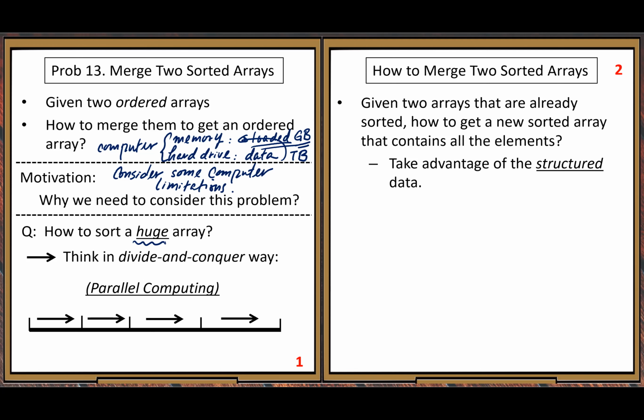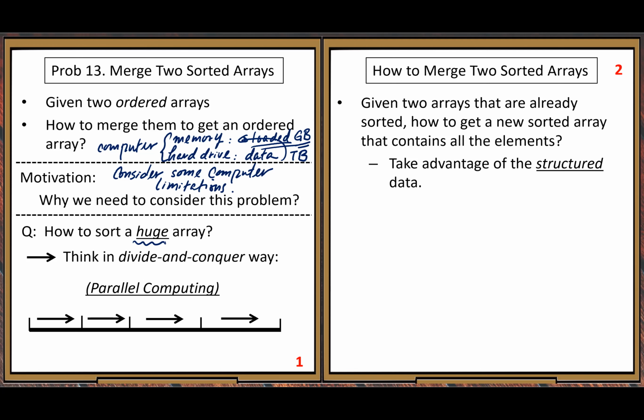The structure of the current data is very good, so we should use that structure, so that we can use a much smaller number of comparisons. If you do not take advantage of that nice structure and just apply a sorting algorithm on the data combined from both subarrays, then your performance could be very slow.